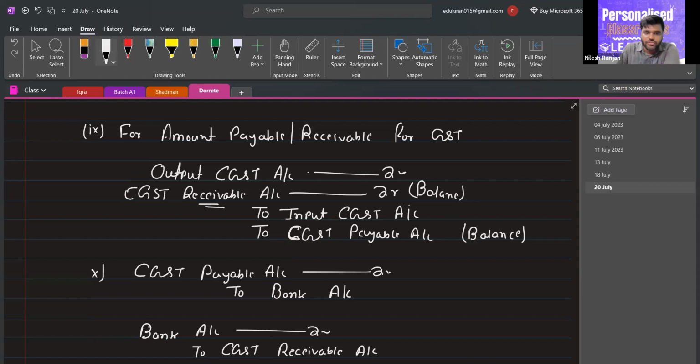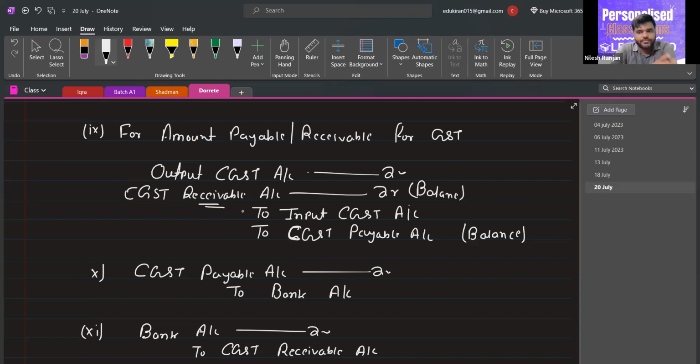That's why bank account is on the debit side. So these are all the journal entries. If it is SGST, then we will write output SGST account debit to input SGST account and SGST payable or SGST receivable account. It is written in the same manner.